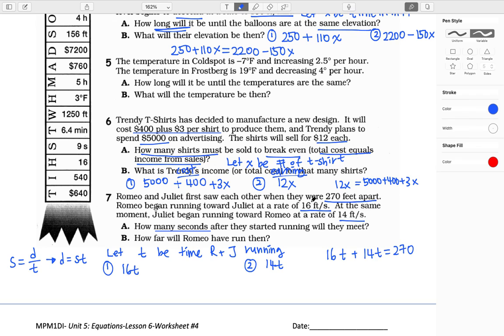So in this case, we're given the speed and we're given the time. So if I do speed times t for Romeo and for Juliet, I get a total distance, which is 270. Okay, and then after that, you will solve for t.